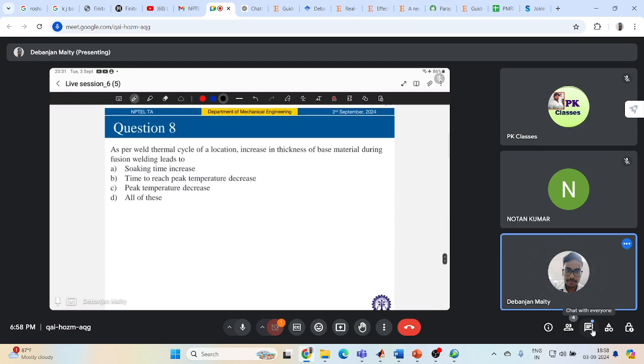Now, let's talk about the effect of welding parameters. How will they affect my temperature?